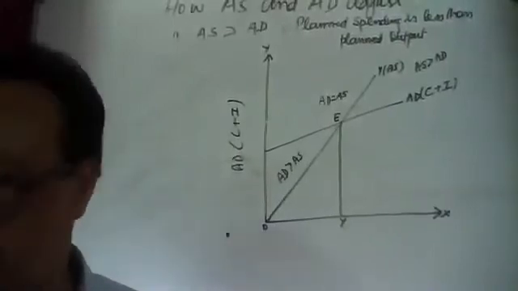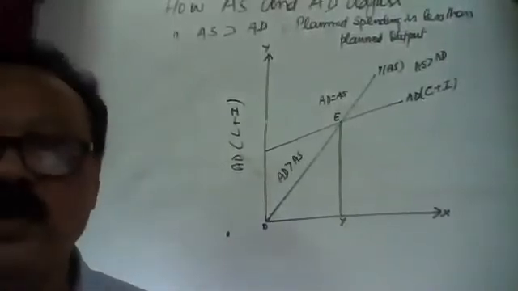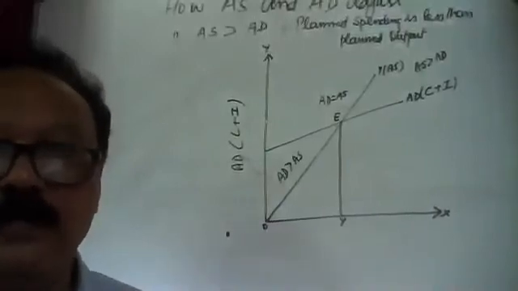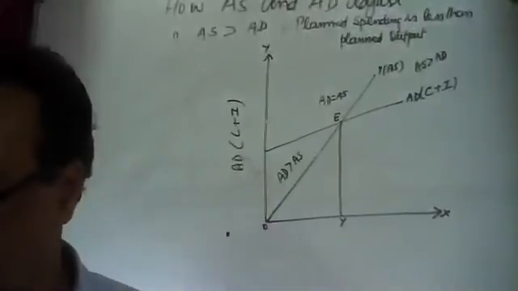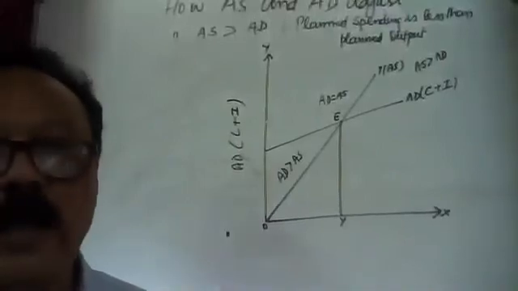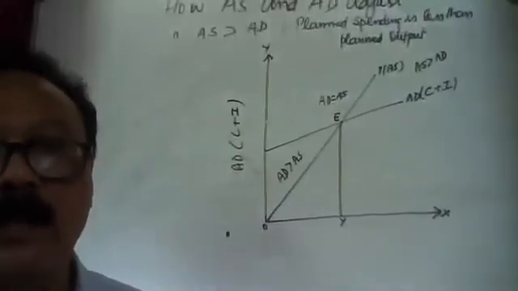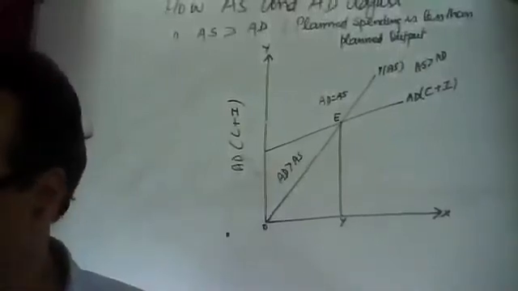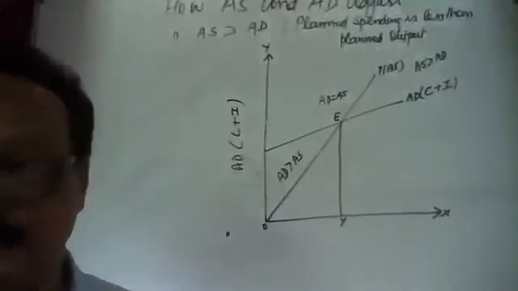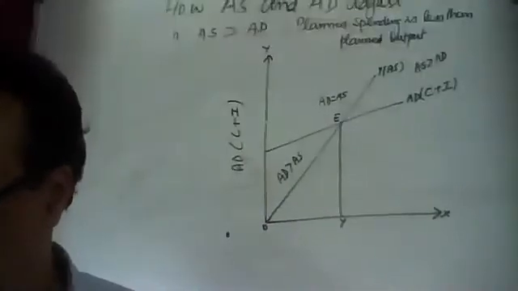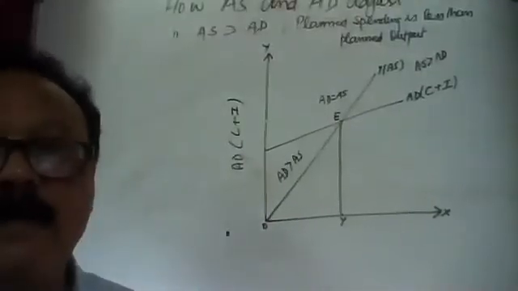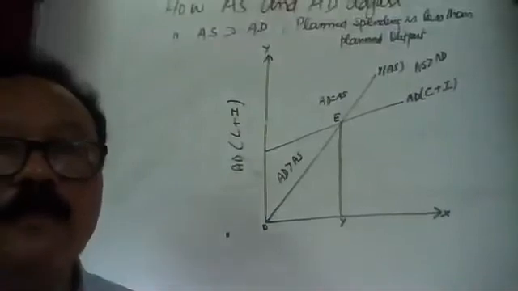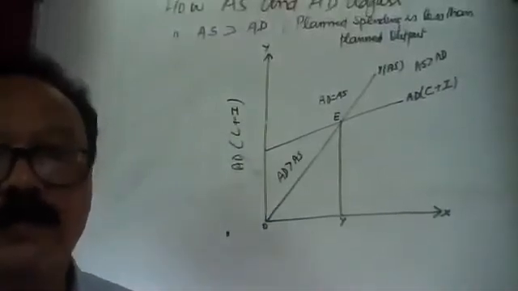This means the consumers and firms together would be buying less goods than the firms produce.